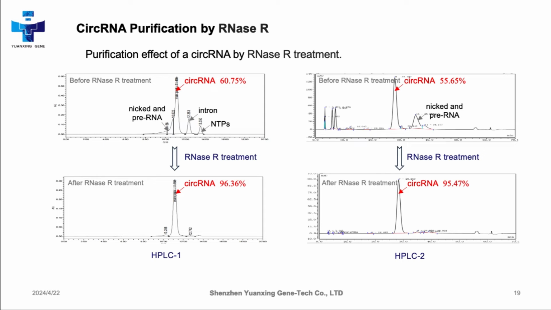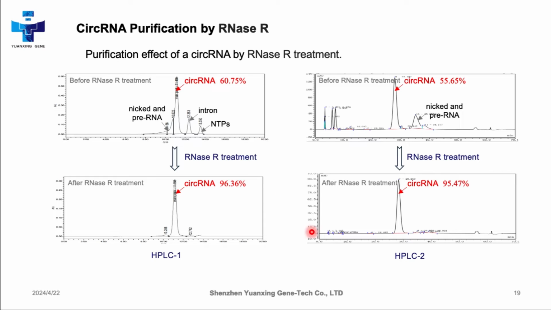This is a case that shows the purification effect on the circRNA by RNase R treatment. We use 2 HPLC methods to check the purity of the circRNA before and after the RNase R treatment.